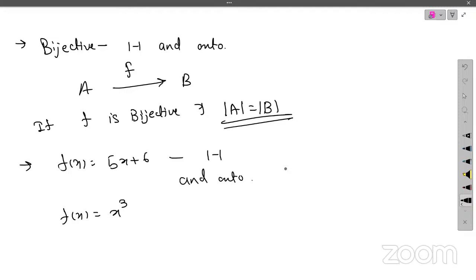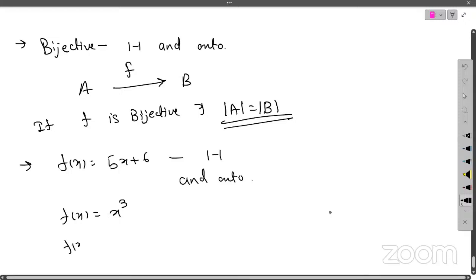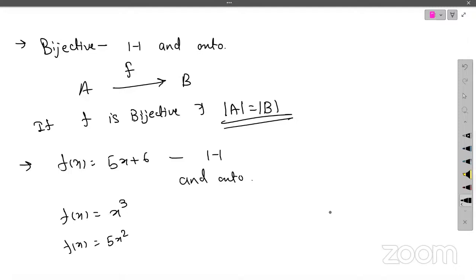Okay. Can we generalize this? Yeah, I understand 5x plus 6 is bijective, but it's not the same case with 5x square plus something, right? Correct. And x cube is a bijective function, so is there a way we can generalize by looking at the expression? Actually, we cannot, because as you increase the degree of x, it eventually goes into polynomials, right?